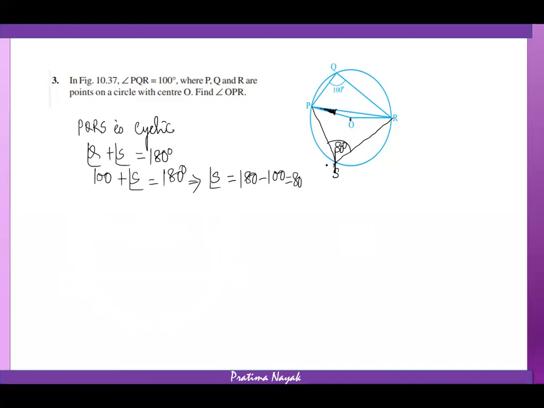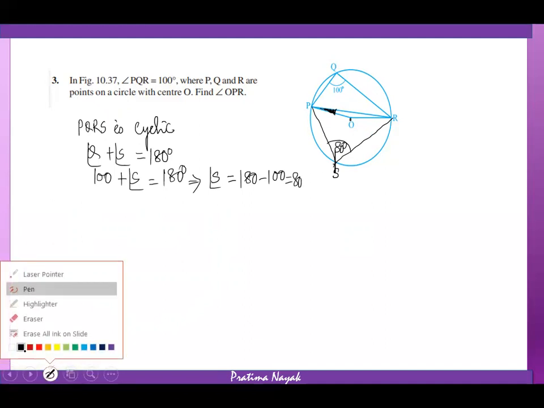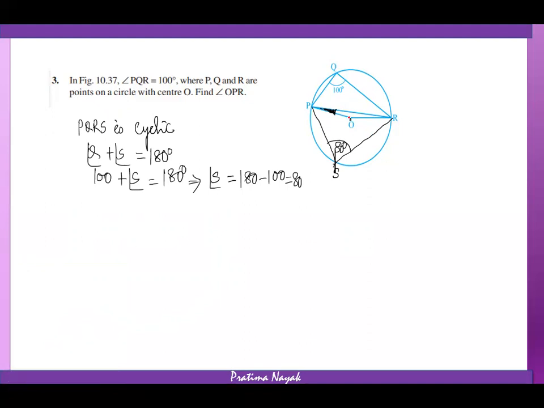This is 80 degrees. Now look at this angle POR. Angle POR is double of PSR. So double of 80 degrees, that will be 160 degrees.